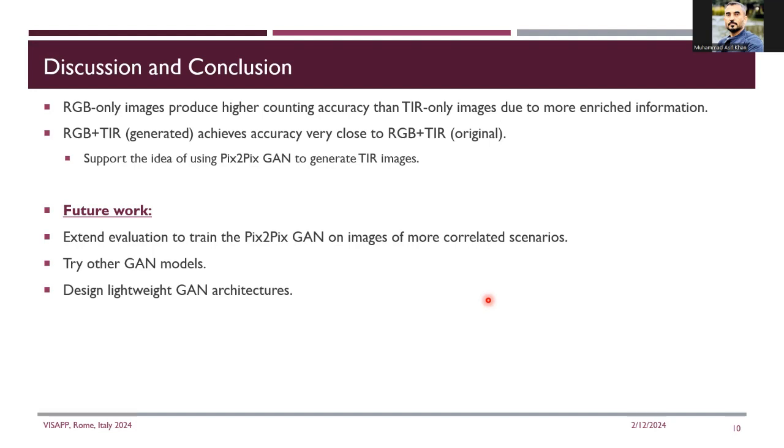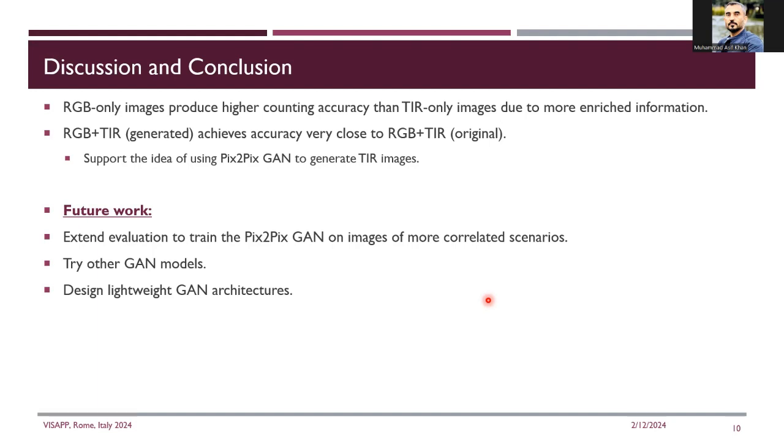Especially CycleGAN, we are more interested in trying, because with Pix2Pix GAN we always need datasets with paired images. However, with CycleGANs, we don't need paired image datasets, so we can train the model using unpaired images as well. So we are interested in trying those GAN models.